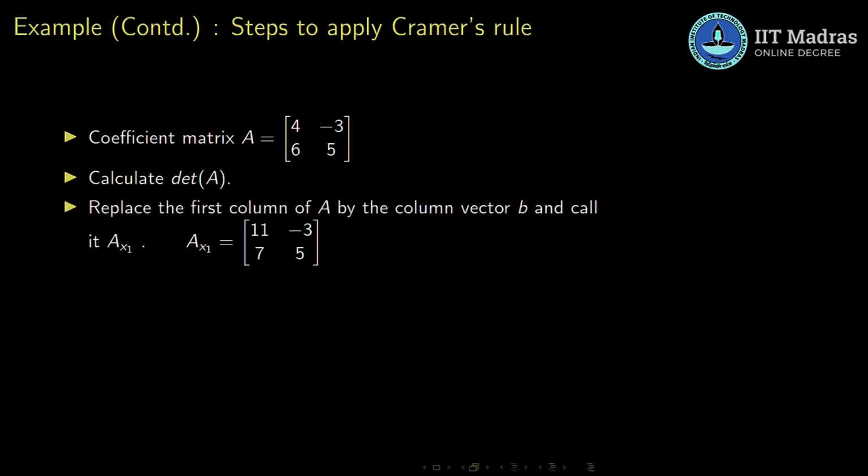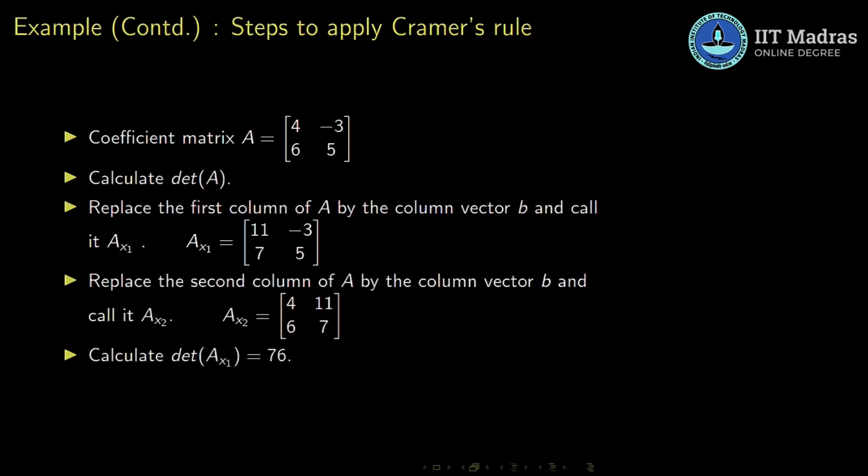Replace the first column of A by the column vector B, and we will call that matrix A subscript x1, because the first column are the coefficients corresponding to x1 in the two equations. So, A subscript x1 is 11, minus 3, 7, 5. We have replaced the 4, 6 over here by 11, 7.